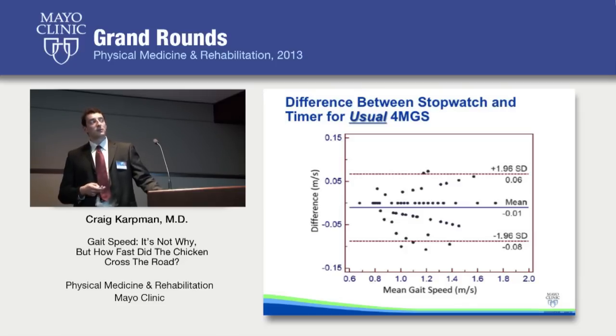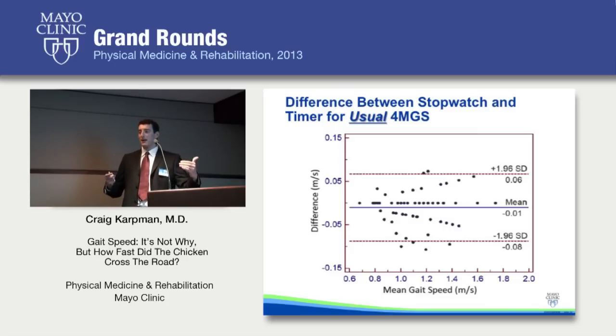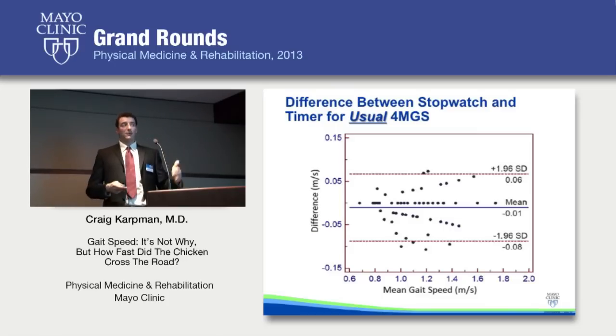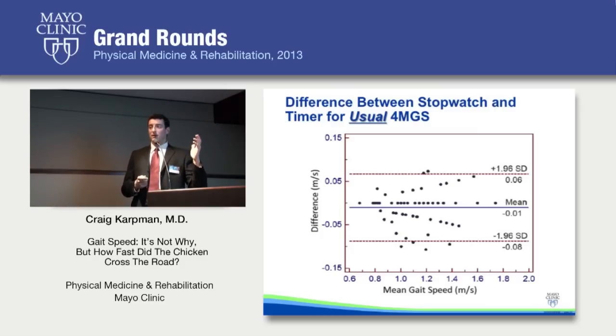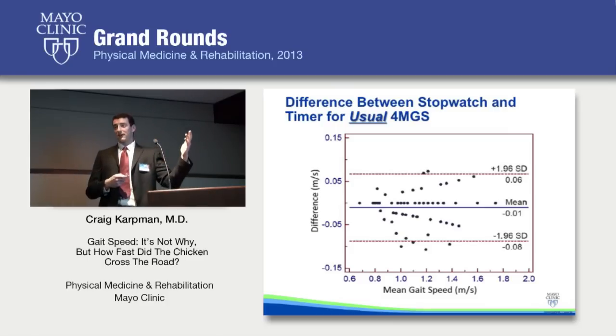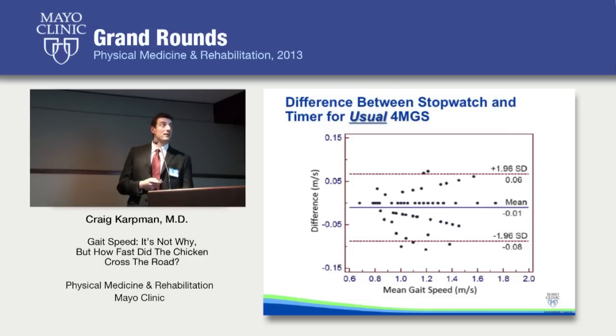So for usual, when we tell them walk at a comfortable natural pace, measuring over 4 meters, we didn't have a lot of difference between the different timing systems. Although again, this is somebody who's doing this on a regular basis, just me doing the measurement. So if you start throwing in people that are less trained, you are going to have increased variability on that.